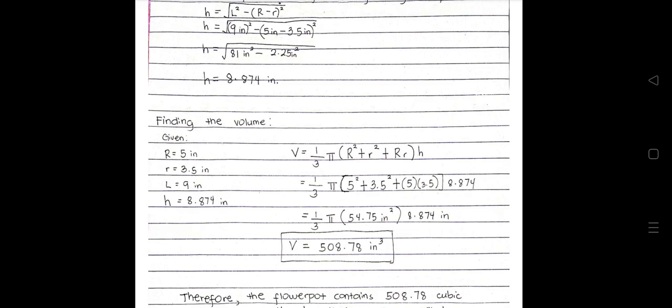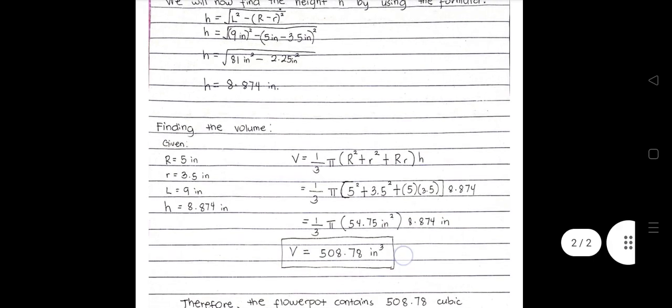V equals 1/3 times pi times (5 squared plus 3.5 squared plus 5 times 3.5) times 8.874, which equals 1/3 times pi times 54.75 inches times 8.874 inches. When we calculate this, we get an answer of 508.78 cubic inches. So that is the final answer, the volume.